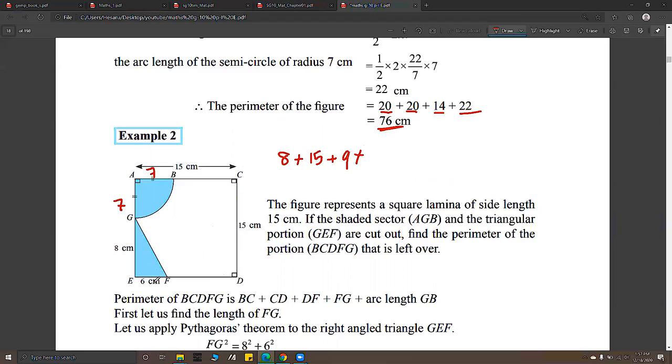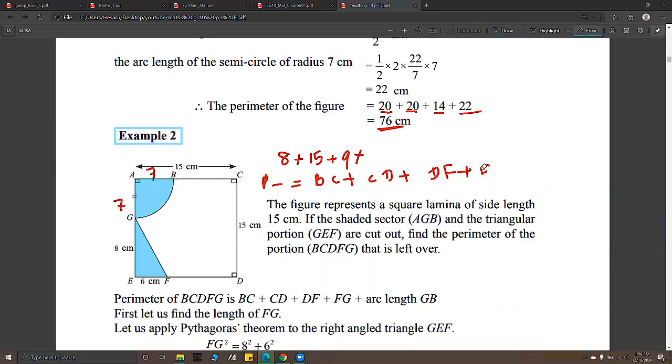When you are doing the calculation, you have to write all these things. So make sure to write like this also. When you ask for the perimeter, it equals BC plus CD plus DF plus FG plus GB, and then substitute the unknowns.